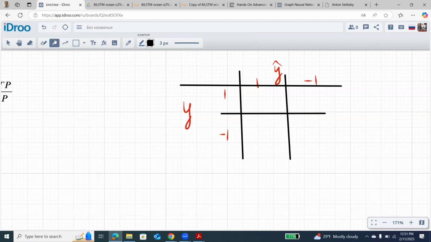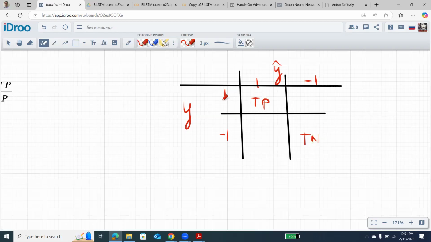If our model predicts a point as class 1, and this point was labeled as class 1, we call this true positive. If our point had a label -1 and our model predicts -1, we call this true negative.